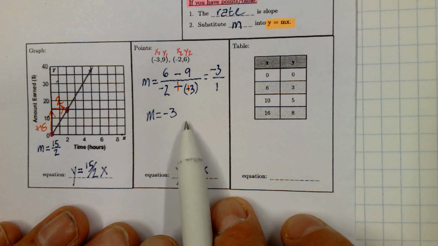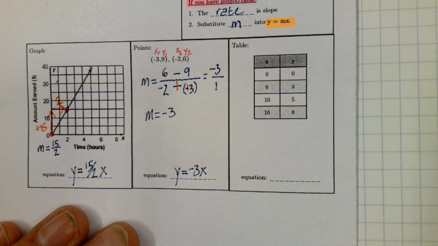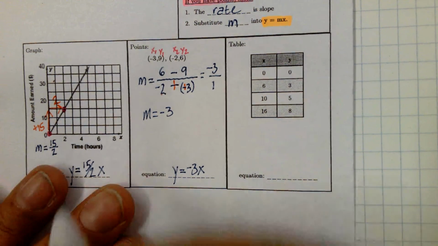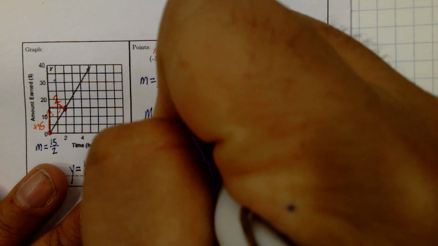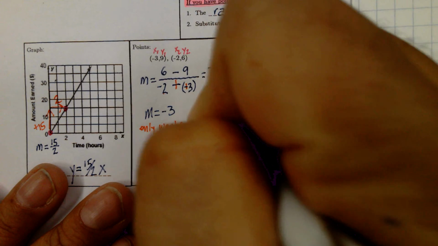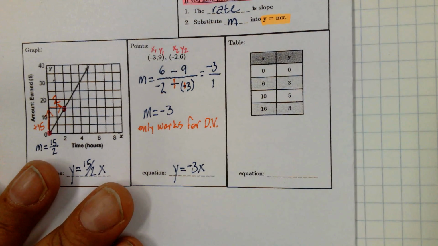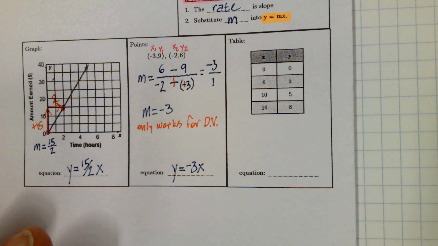But when you know it's a direct variation, you know that 0, 0 is part of your information to find the slope. So I better write down only works for direct variation. I'll put dv for direct variation. All you really need is y over x.